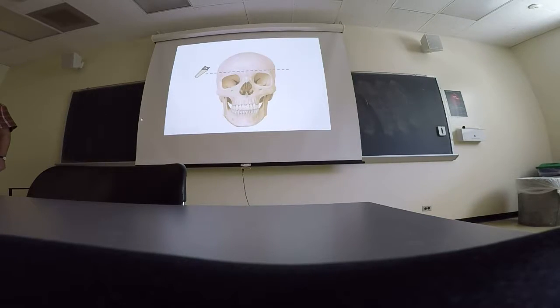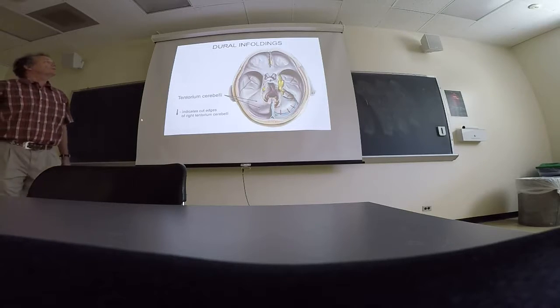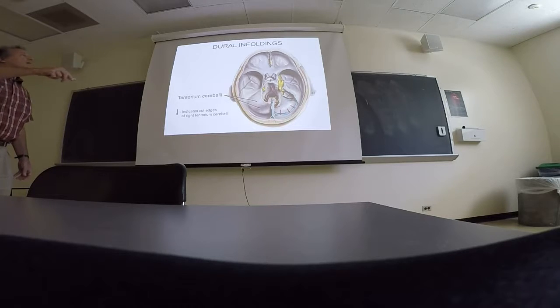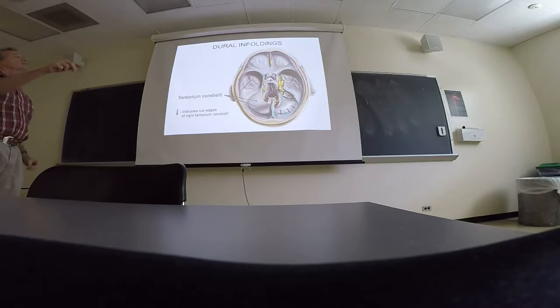Yet another. This is what you are going to see, because that's essentially the cut that Dan made. And then there was a brain in here, and we lifted the brain out. So this is what the top of your skulls look like if you pull the cap away.